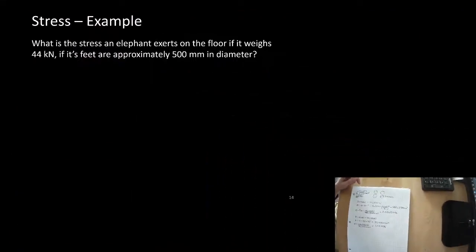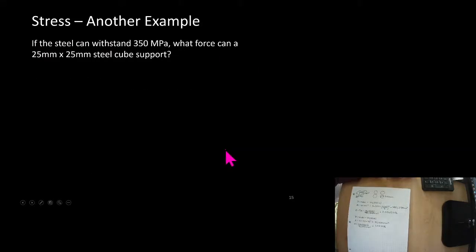So these were ones to just help us get our head around what we're talking about. What if we started talking about actual materials that we care about? What if we had a blob of steel that we're going to use to help us talk about here, and this blob of steel is 25 millimeters by 25 millimeters by 25 millimeters.